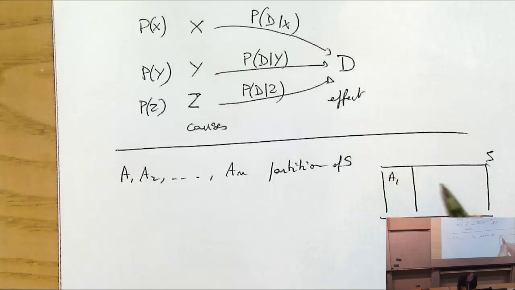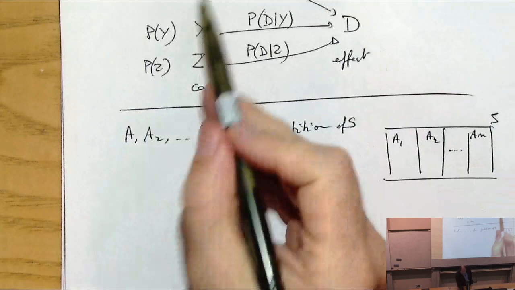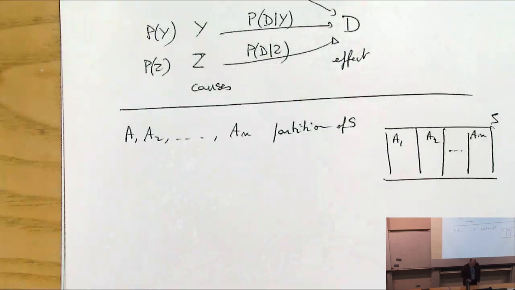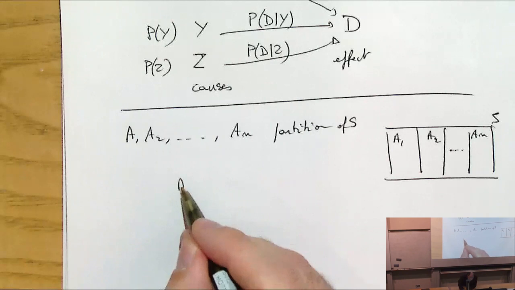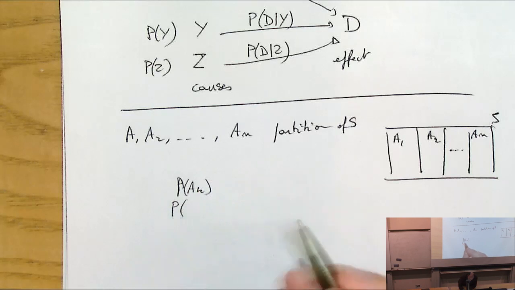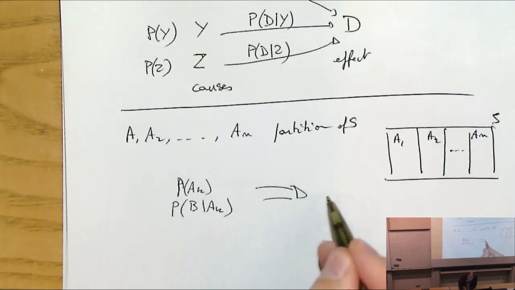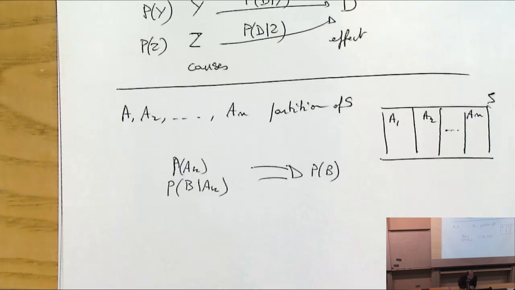I have A1, A2, all the way to AN, forming a partition of S. And so what we have looked at before was how to write the probability of a certain event occurring as a function of those causes, right? So we looked at how we can use the probability of all those AK and all those probabilities of B given AK, and how all those can lead to a probability of B occurring, right? Now what I will try to do now is the opposite.